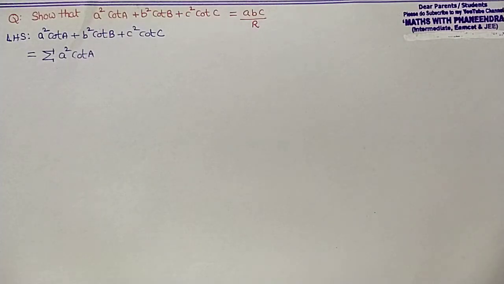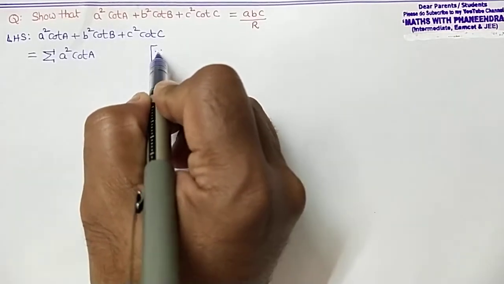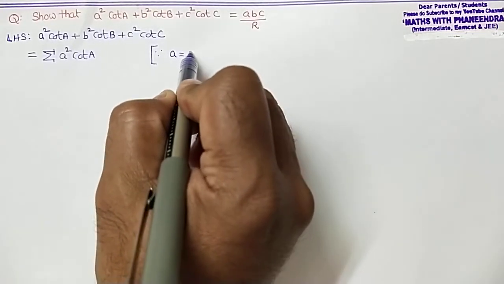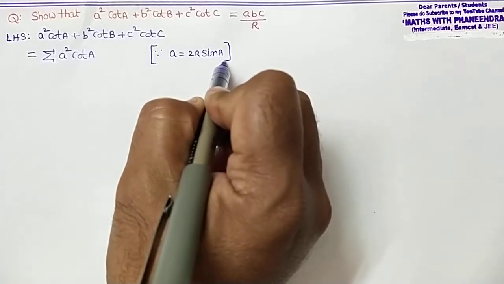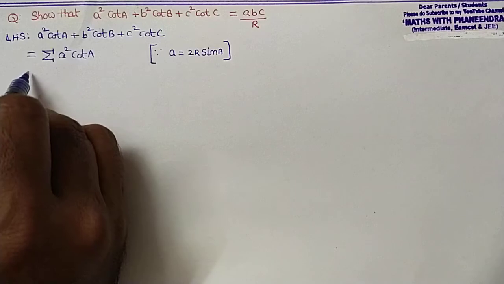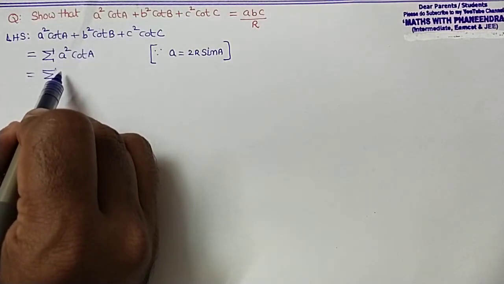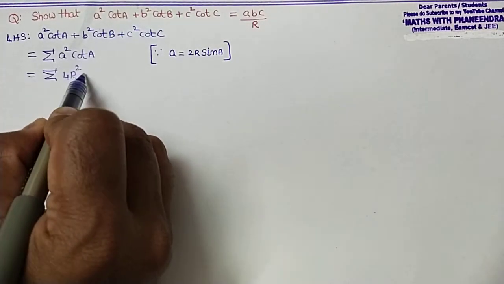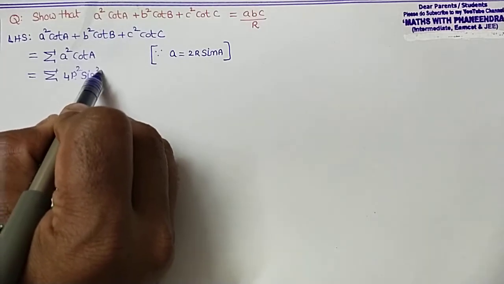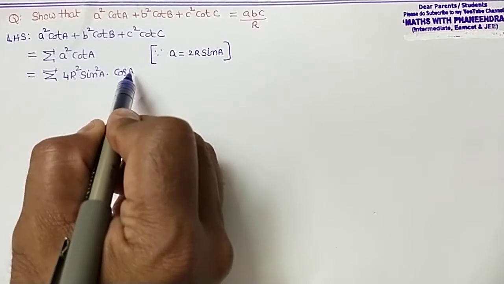Now from sine rule, a equal to 2R sin A, substitute that value. So sigma a square means 2R sin A whole square, so 4R square sin square A. Cot A can be written as cos A by sin A.